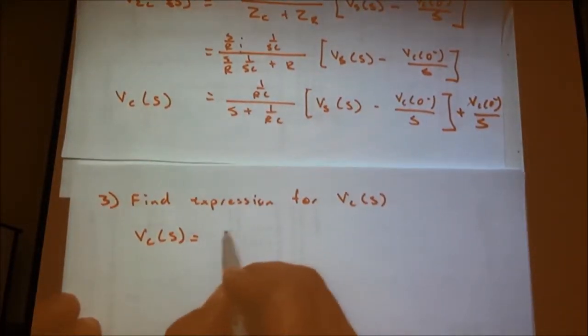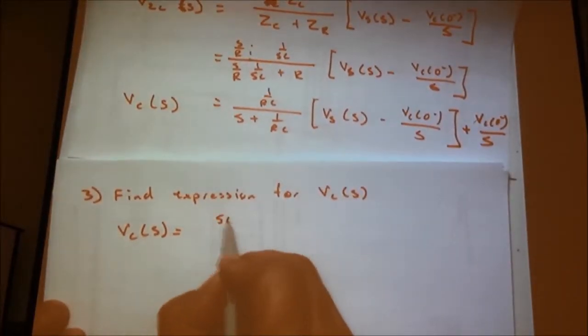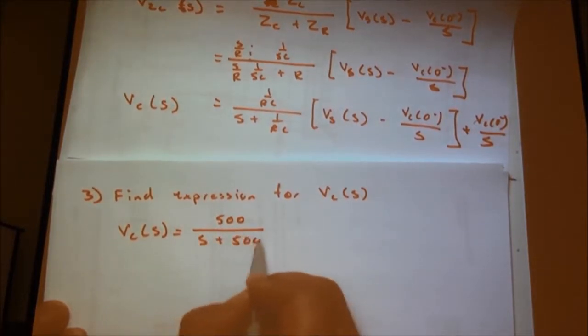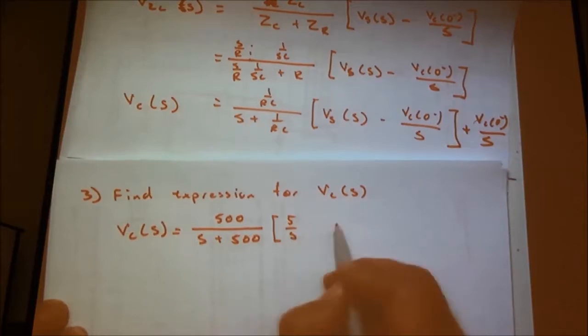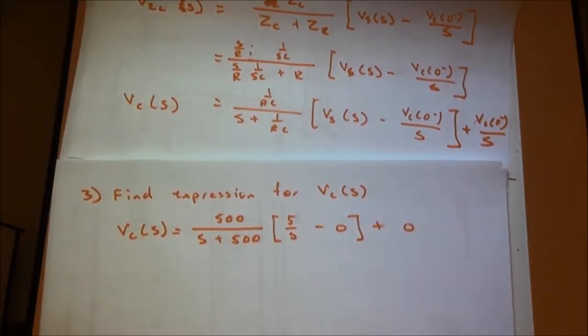We could write this out in a little bit of detail this way. 500 over S plus 500. That's 1 over RC. 5 over S. And if we want, for completeness, we can write minus 0 plus 0. Just for kicks and giggles.